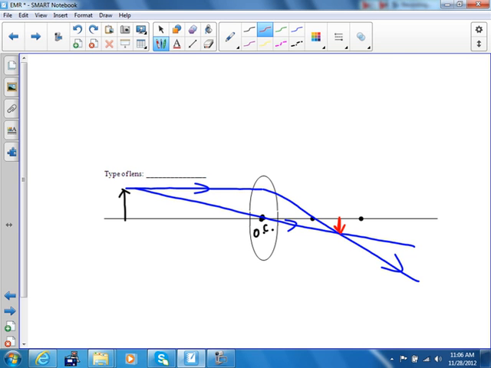So Brittany, as I was saying back then, I suggest that you don't remember it that way because you're going to get mirrors and lenses mixed up. My suggestion would be to remember it as solid lines intersecting. It's a real image. Then the same rules apply for both mirrors and lenses. It is smaller, it is inverted, and it is real.